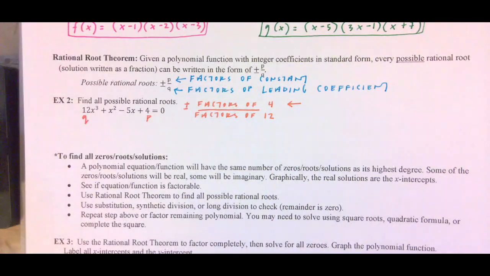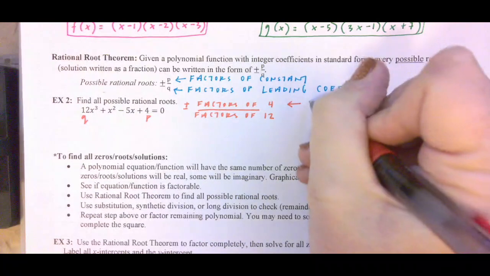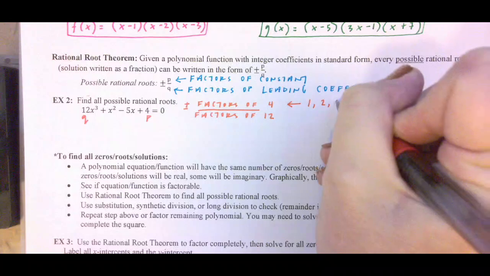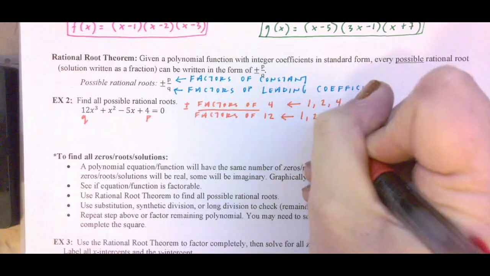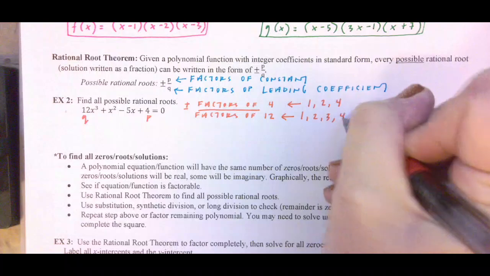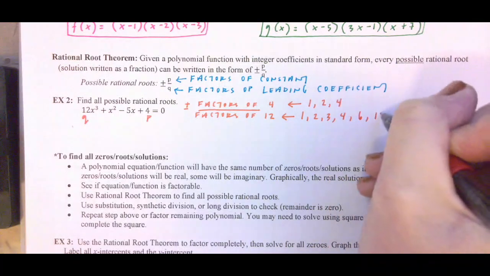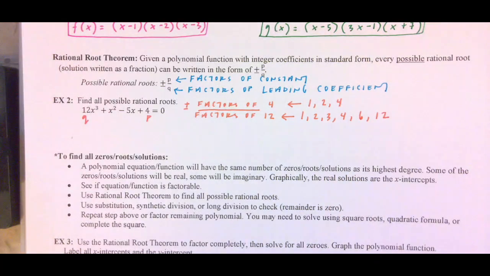So numbers that go into 4, well, 1, 2, 4, and then into 12, 1, 2, 3, 4, 6, and 12. So I'm looking at every combination thereof.